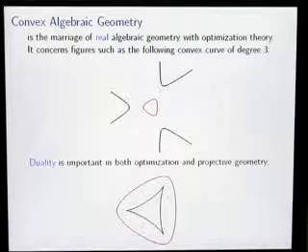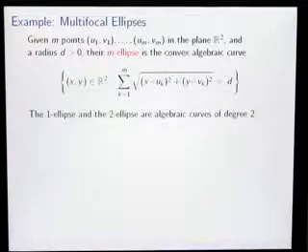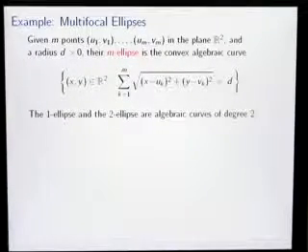Okay, so now that everybody is here, I'd like to spend about 20 minutes on a very, very simple example. I'd like to discuss the ellipse with you. And by the ellipse, I mean the multifocal ellipse with m foci.